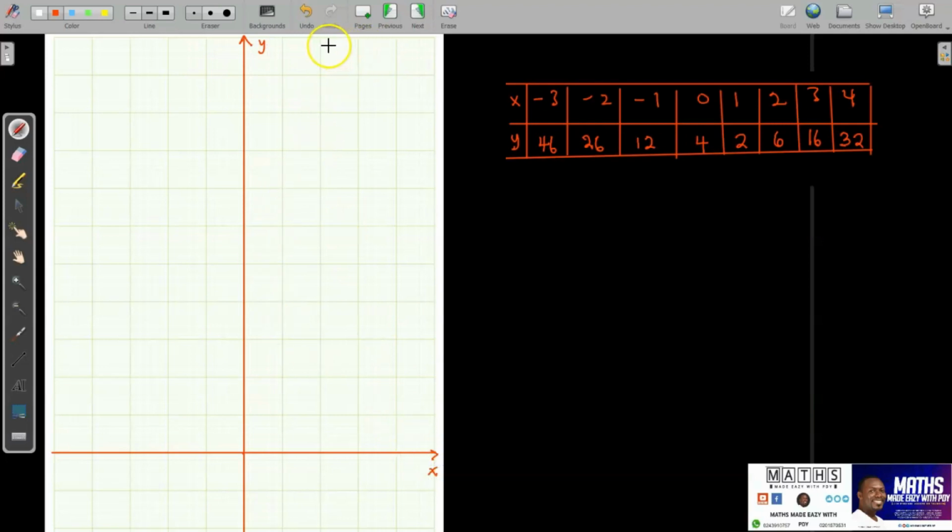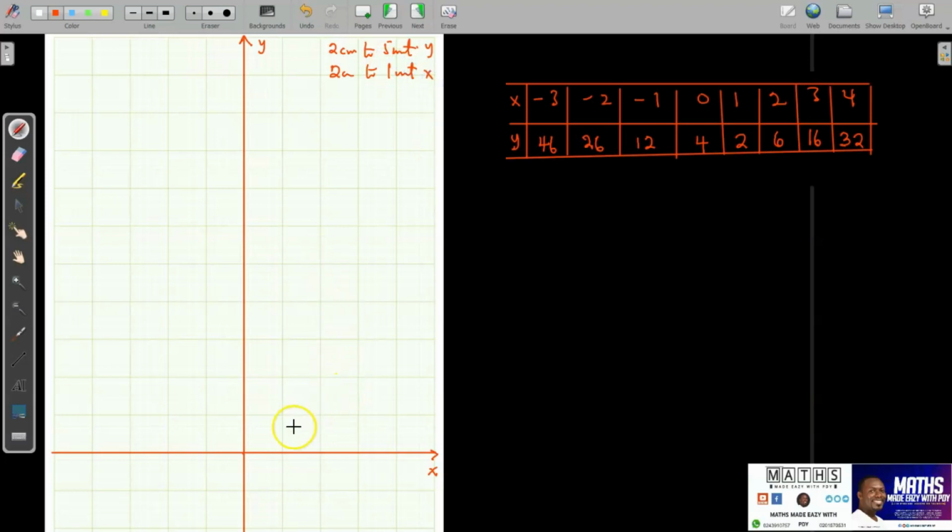Then you write your scale there. Even though the scale has been given to you, just write it: 2 centimeters to 5 units on the y-axis, and 2 centimeters to 1 unit on the x-axis.